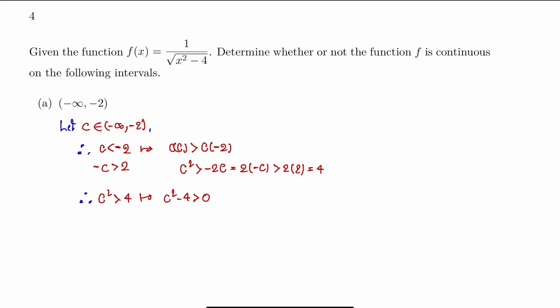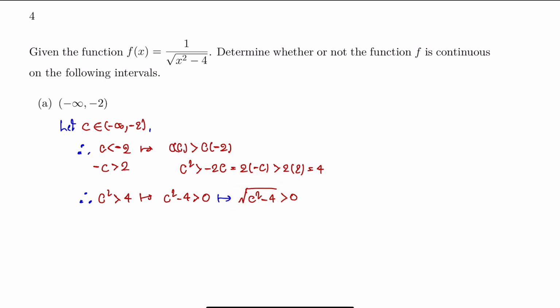So once you have c squared minus 4 greater than 0, you can put this whole expression into the square root. That means that the square root of c squared minus 4 is greater than 0, and this square root is defined.